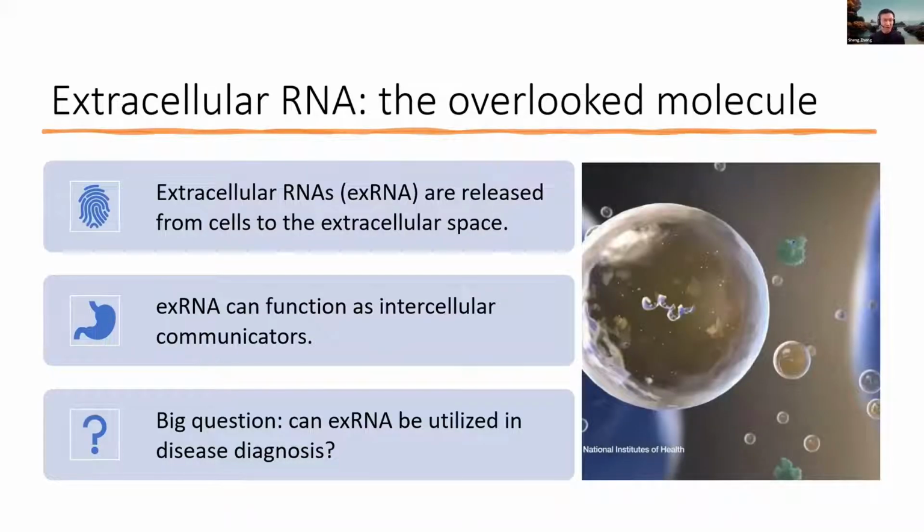And for extracellular RNA, I wanted to give a very brief introduction. These are RNA existing outside of the cells. Even until the beginning of the year 2000, this type of molecule was not discovered. People didn't know it existed, partly because very little RNA existed outside of the cell, for a good reason.